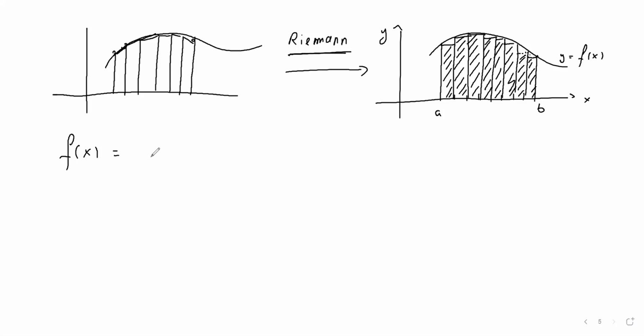Let's take this function 1 plus x squared, or x squared plus 1. And if you look at the graph of this function, I'm not going to pull up Desmos here, but you can check in Desmos quickly.